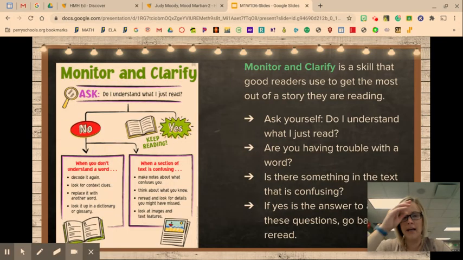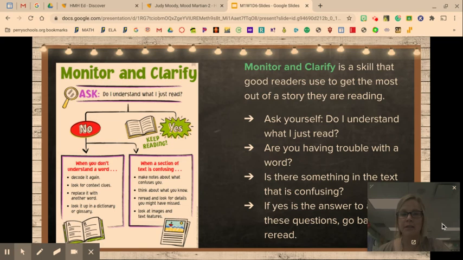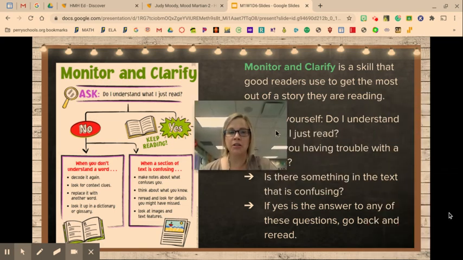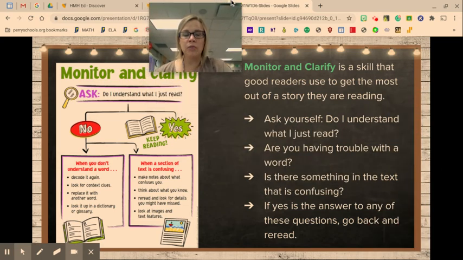So today we are going to be looking at the strategy monitor and clarify. With this strategy, we are just checking to see if we understand what we read. If you look at the graphic organizer on the left, you've got a flow chart. If you are reading something and you stop and ask yourself, do I understand what I just read?